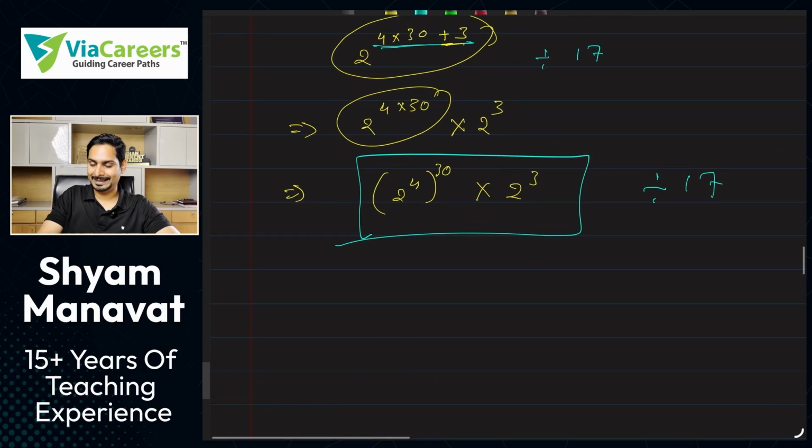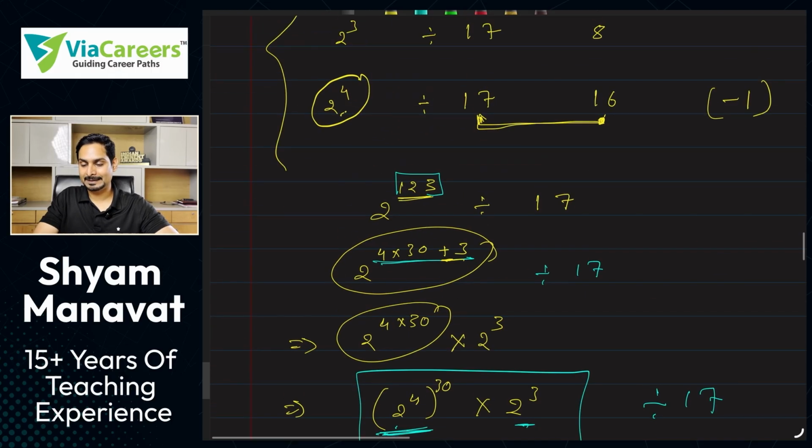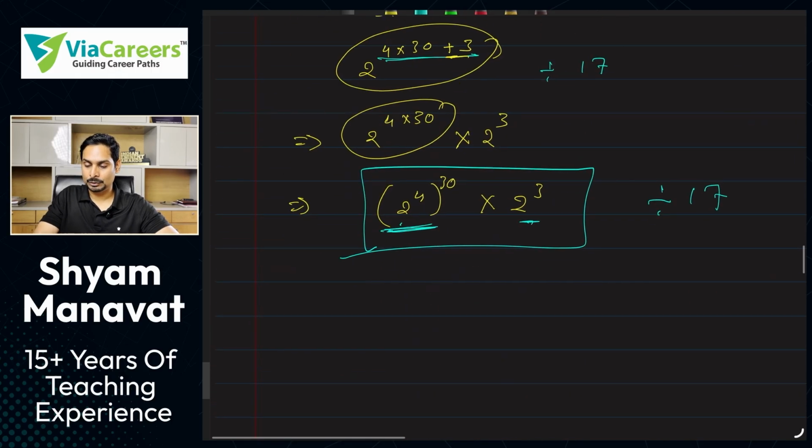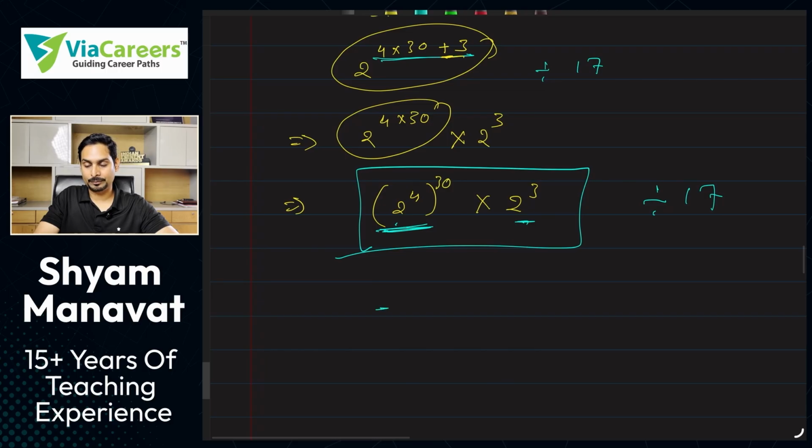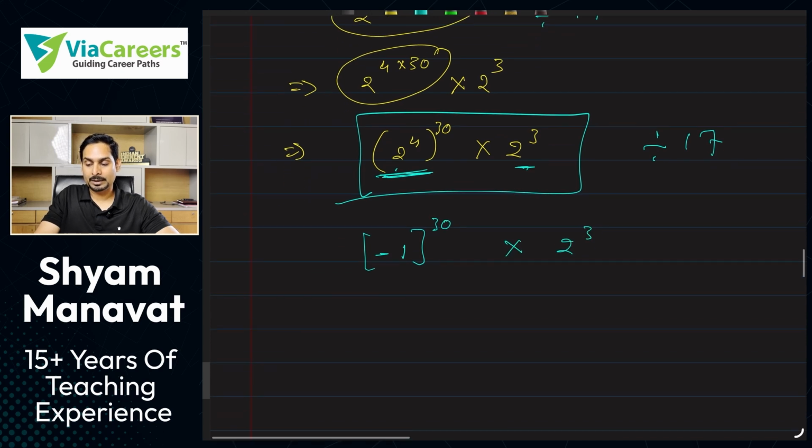So I can take this term separately and this one separately. 2 to the power 4 when divided by 17, the remainder is minus 1. So here I should write 2 to the power 4 when divided by 17, remainder is minus 1, and power 30 is as it is. Multiply by 2 to the power 3. Now 2 to the power 3 can be written as 8. 2 cube is 8, where minus 1 to the power even is plus 1.